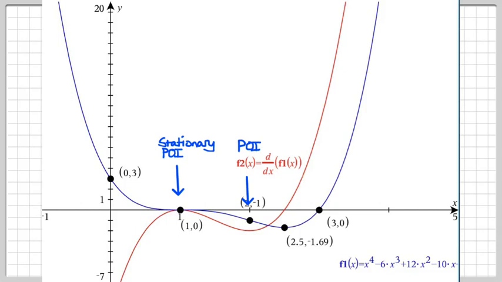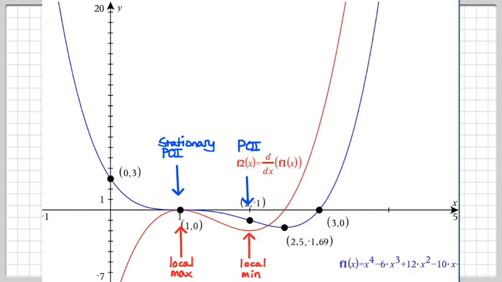Remember what I said: when you have a point of inflection on the blue graph, the original graph, you have a local min or max on the gradient graph. Indeed, that is a local max, and this is a local min, on the gradient graph. So that's making sense.